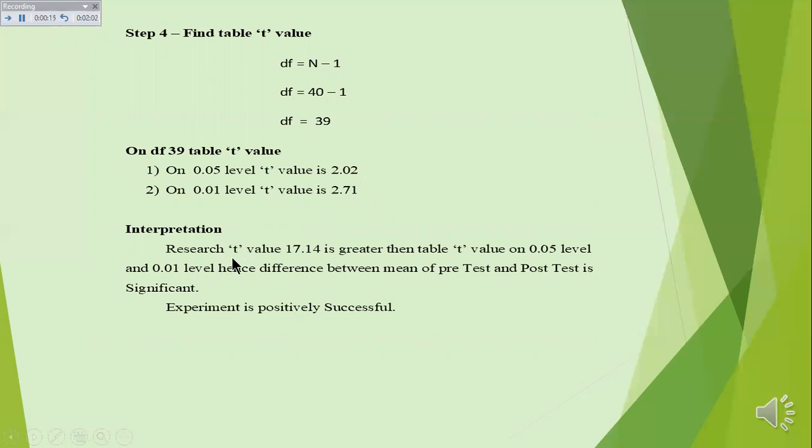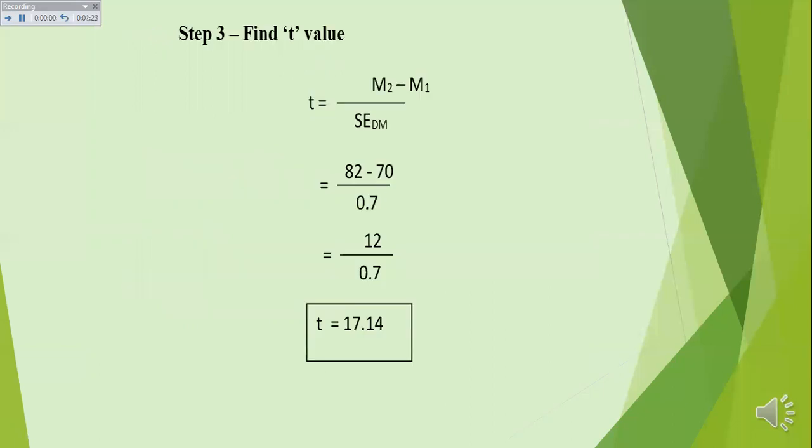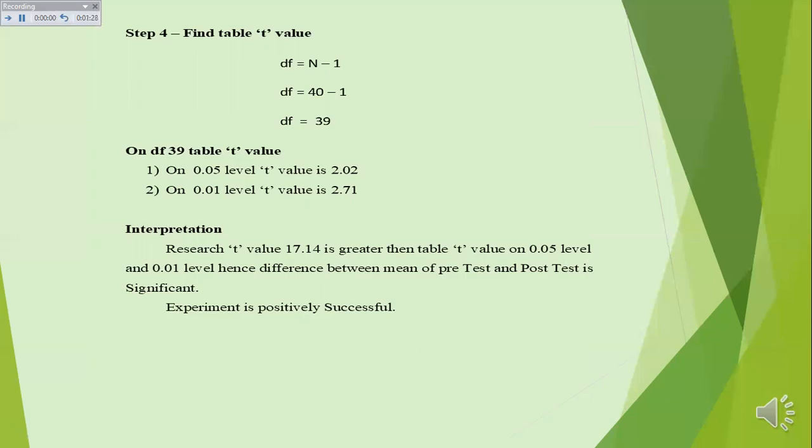Now, interpretation. Research t value 17.14 is greater than table t value. Remember this thing: if research t value is greater than table t value, then the difference between pre-test and post-test is significant. This is our research t value, 17.14, and this is our table t value, both. So our table t value is smaller and research t value is greater.